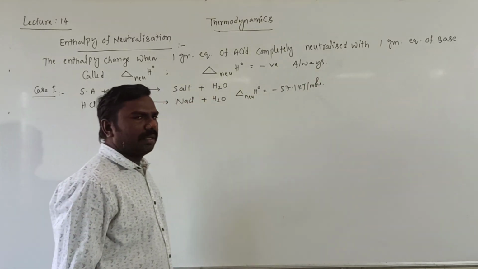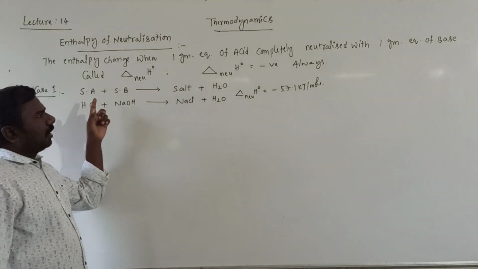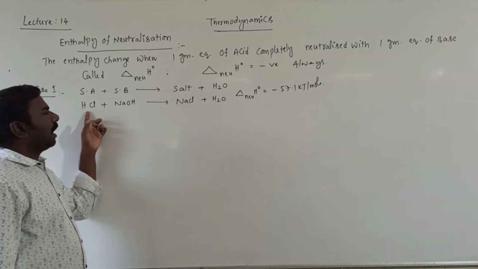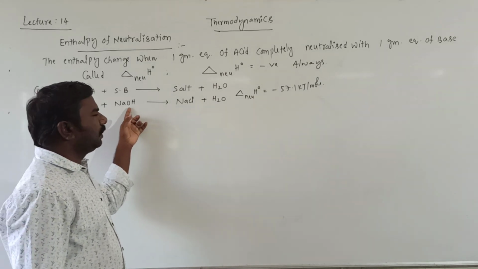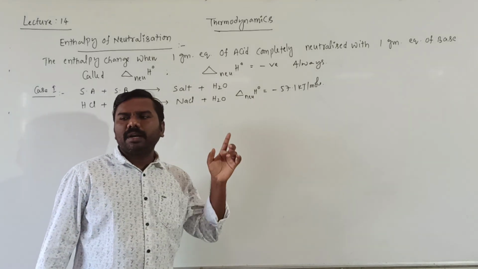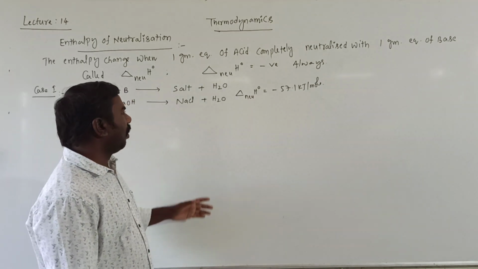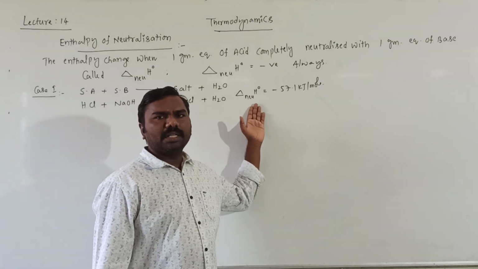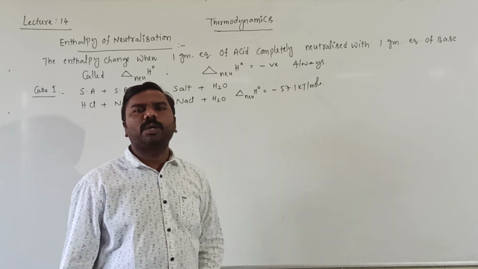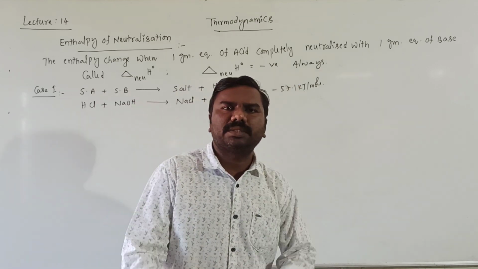It means the enthalpy change when 1 gram equivalent of strong acid is neutralized with 1 gram equivalent of a strong base is minus 57.1 kilojoules of energy released.